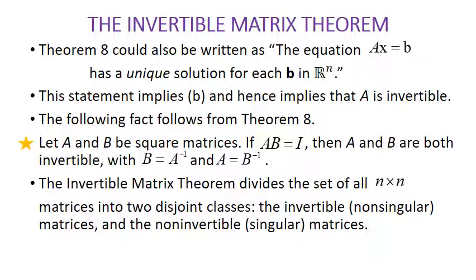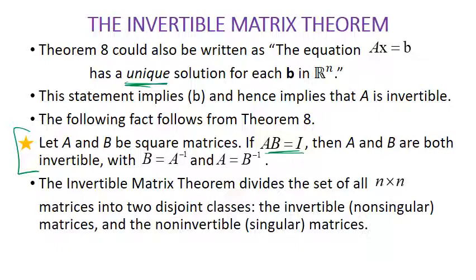A few other things. Theorem 8 could be written as the equation Ax equals b has a unique solution for each b in Rn. Just pause this and read through this. I don't think it's necessary that I read all of this. This one is important, however: if A and B are square matrices, if A times B is the identity matrix, then both A and B are invertible.